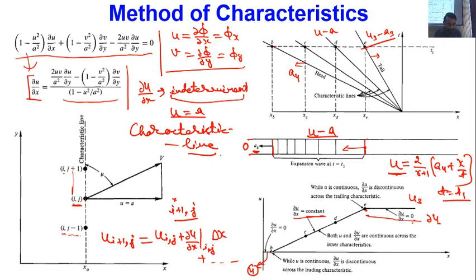So point B and point C are the points where I have a discontinuity in the values of del u by del x. Is this one clear? Del u by del x on the left side is 0 and on the right side is some constant value. It means the left hand limit is not equal to the right hand limit at points B and C, so I have a discontinuity in del u by del x.